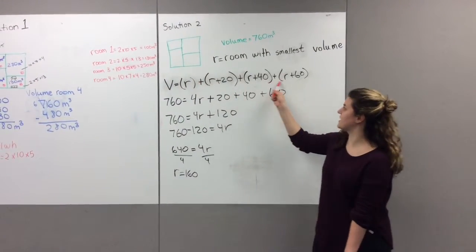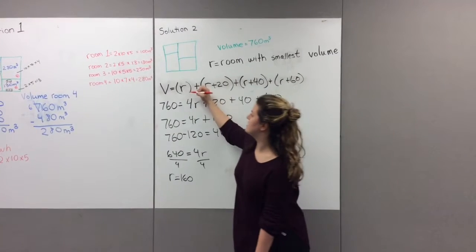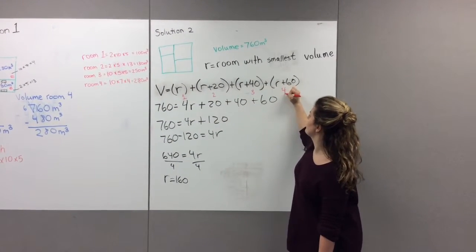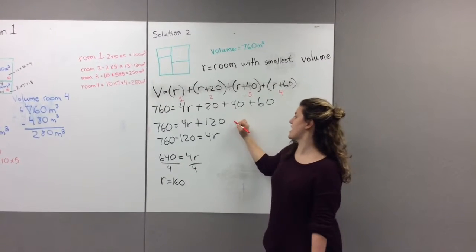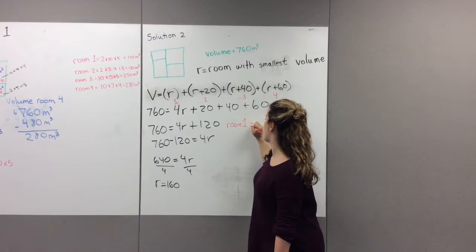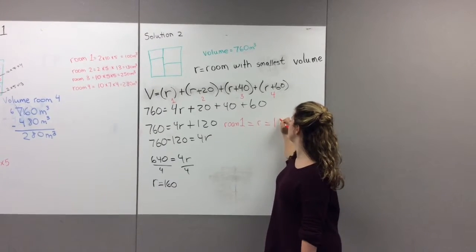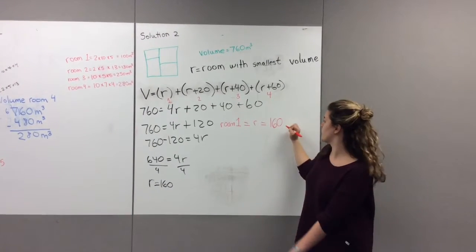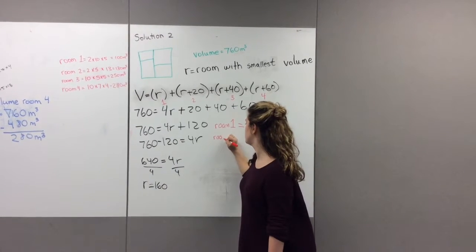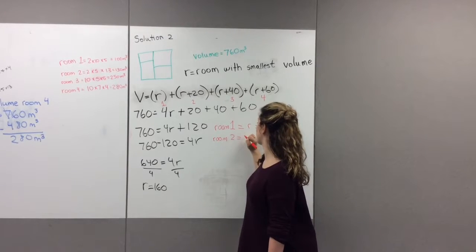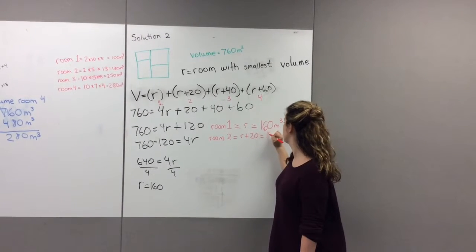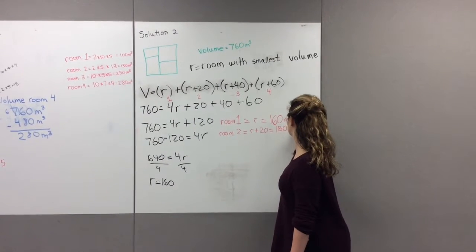Going back to the original equation, we can take these 4 rooms and label them as room 1, room 2, room 3, and room 4. From that, I'm going to say R, which is room 1, is equal to 160 meters cubed, which we found from our equation over there. Next, room 2 is equal to R plus 20, and we know that is 180 meters cubed.